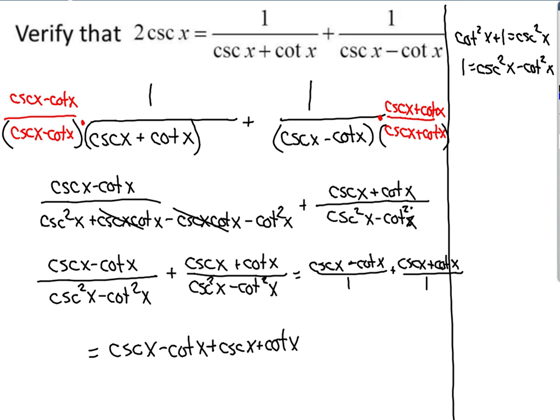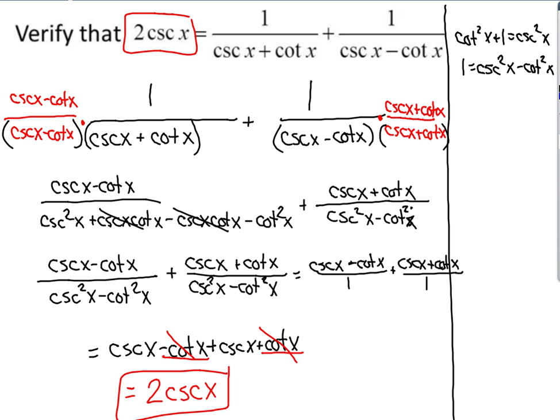Now if you notice, we have a negative cotangent and a positive cotangent, so those are just going to cancel. I have a cosecant and a cosecant, so that means I have 2 of them. So we're left with 2 cosecant of x, which is what we were trying to show.